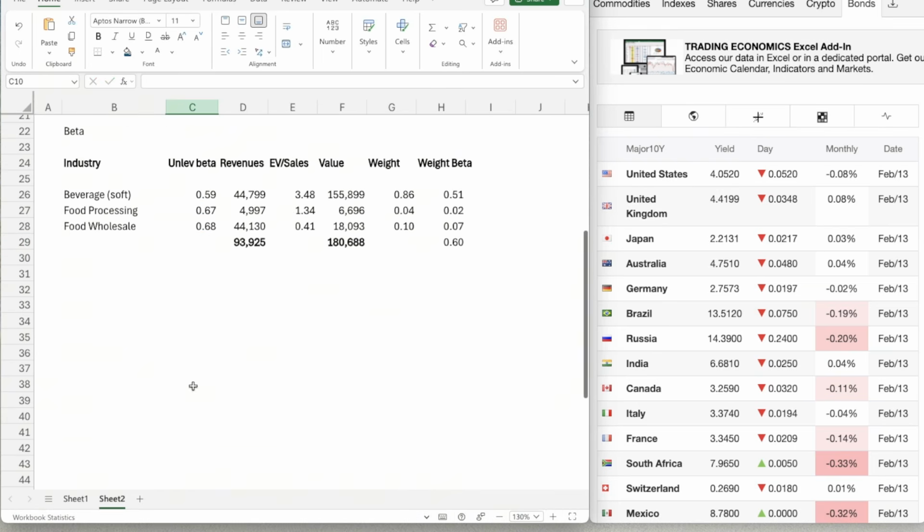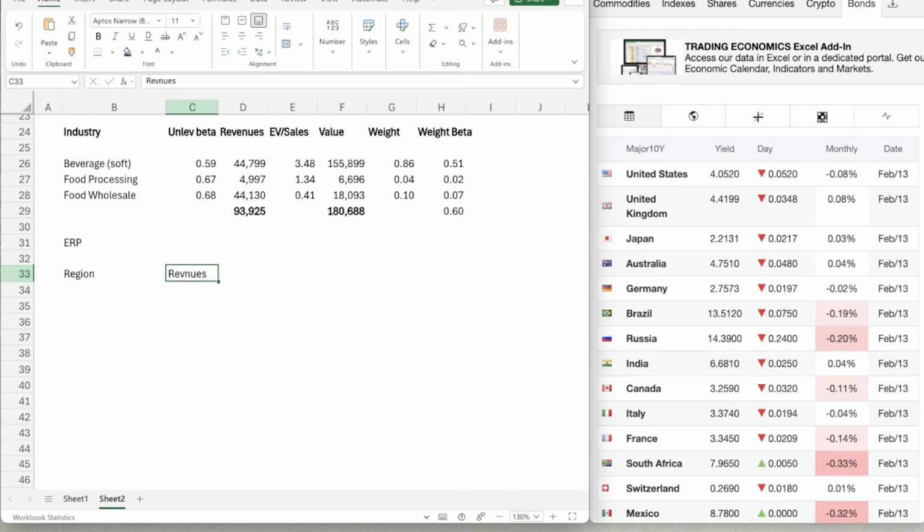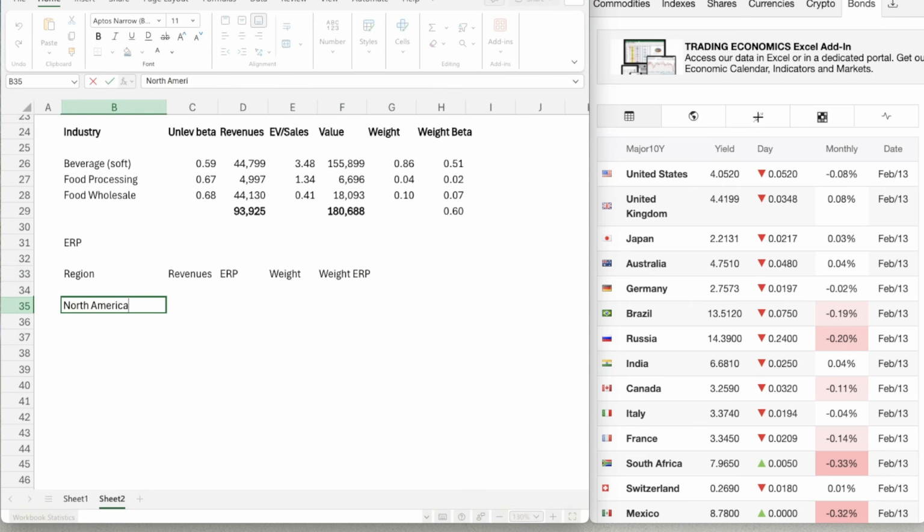Now the equity risk premium is a similar process. We need to go region, revenues, ERP, weighted ERP. So the first region we're going to go is North America. Then we have, let's break it up.